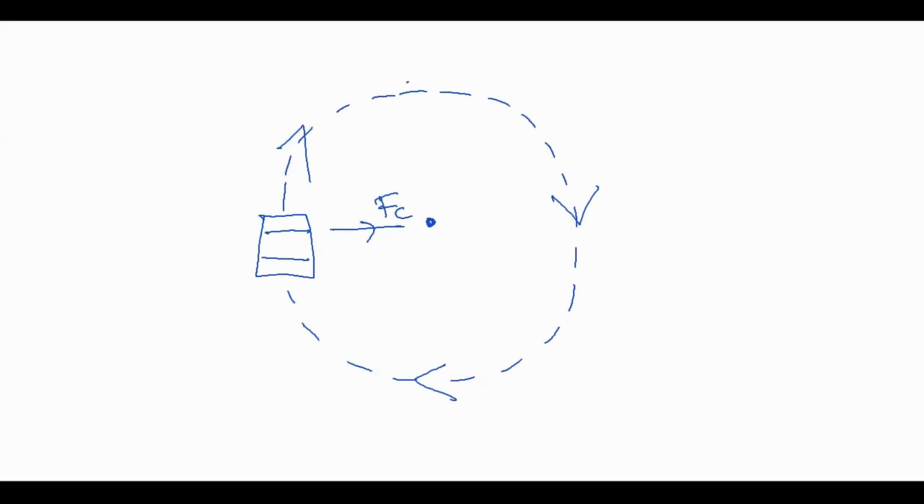For those who didn't get it right, no problem. We know that, in this motion, let's say these are our tires. The tires have a frictional force with the ground, and this frictional force is the one that provides the centripetal force.